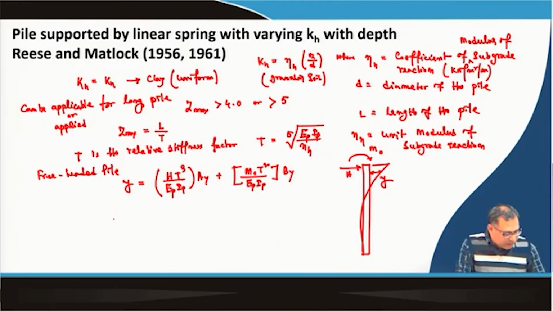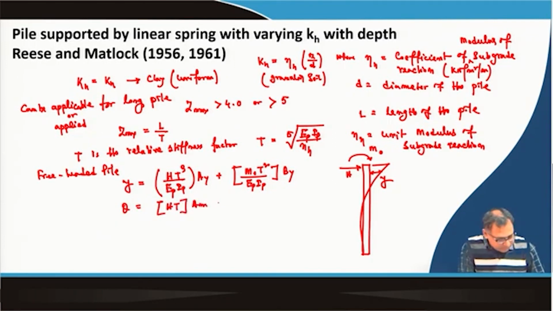Okay. So, now the theta expression is H t A m plus m 0 B m. Then the shear force, bending moment. The bending moment is given by this equation.